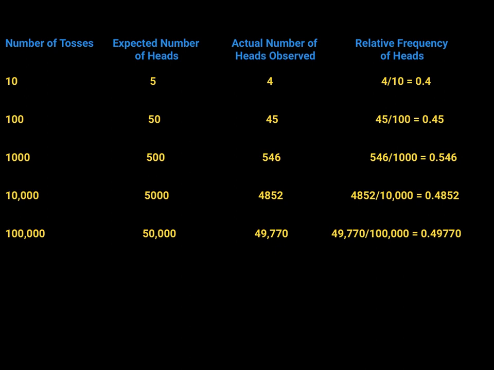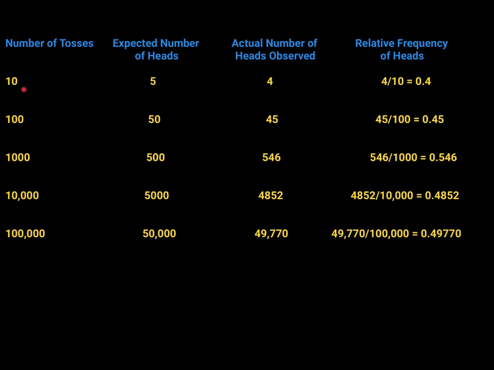So this is a bunch of experiments, all right? And the data and all the outcomes have been documented. Let's say the coin has been tossed 10 times. Because it's a fair coin, we expect the probability of getting heads is 1/2.